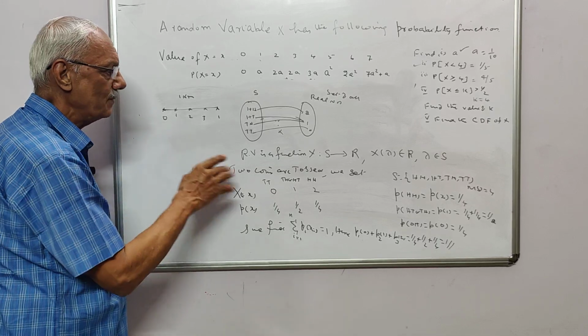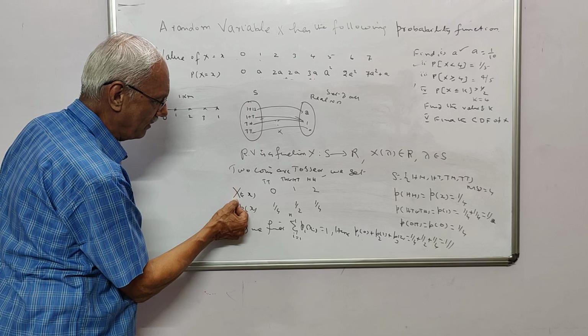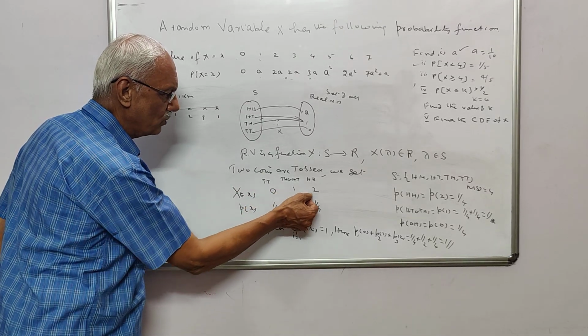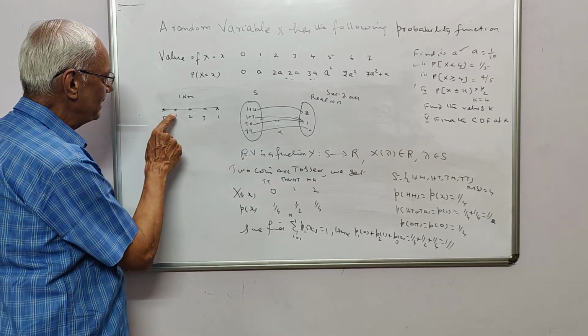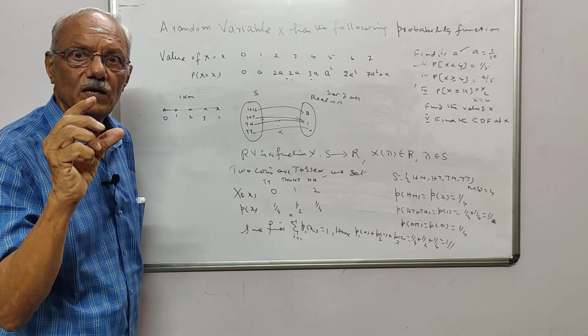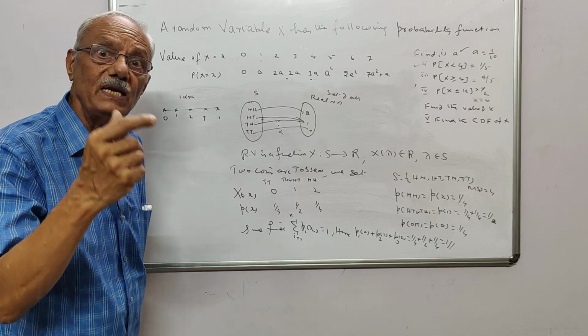So here you see that this is called a random variable. The random variable takes the values 0, 1, 2. They are finite values. The values of the random variable are finite or countably infinite.